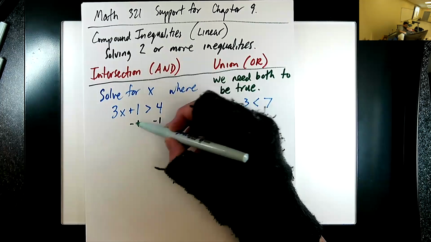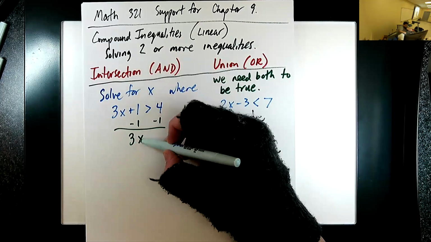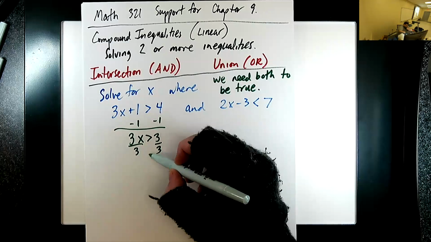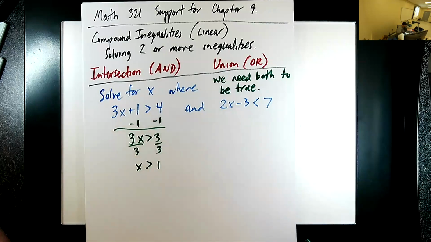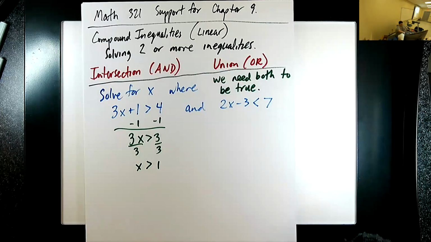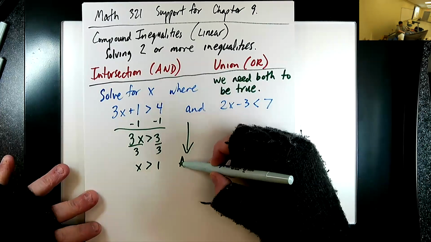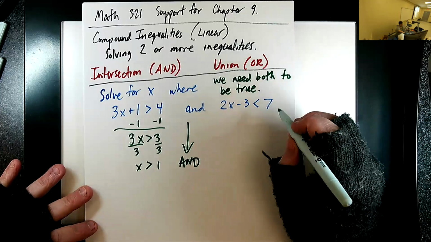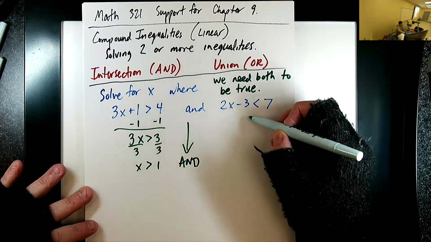Subtract 1 from both sides, and I get 3x is greater than 3. Divide by 3, and I get x is greater than 1. And we have our and. Now 2x minus 3 is less than 7.